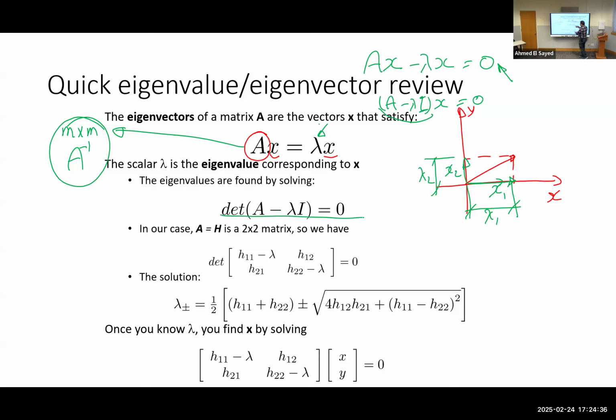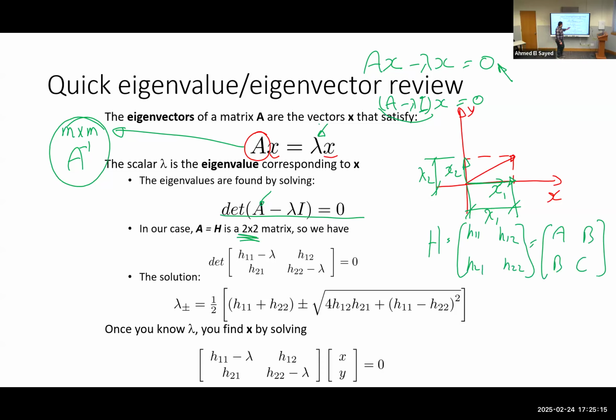Again, as we said, A in this case is our h, and h always has a dimension of 2 by 2. It will never change. So if we assume that h equals h11, h12, h21, h22, those are the elements of h, which are the A, B, B, and C. So the same exact elements: the A is h11, the B is h12, and so on.